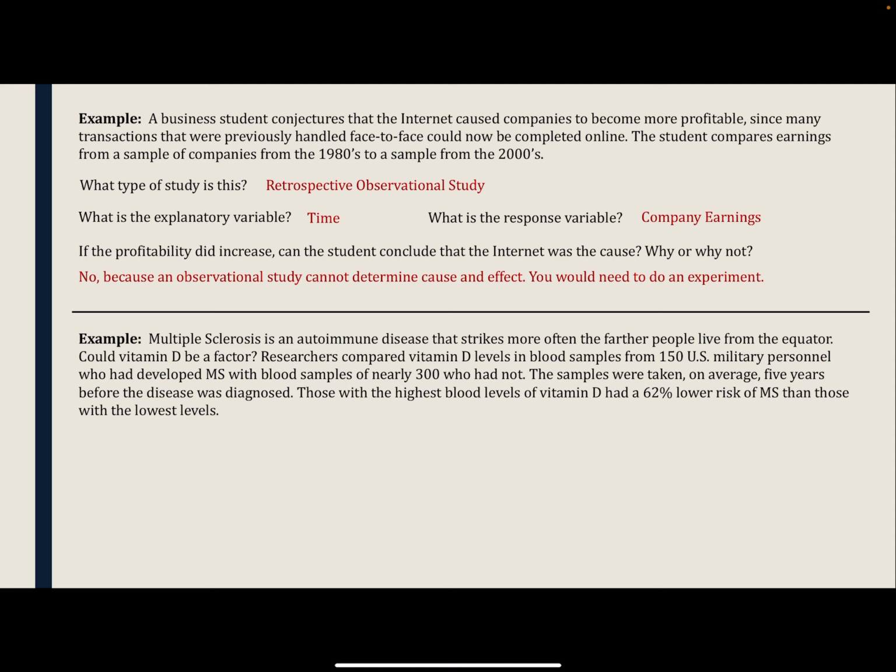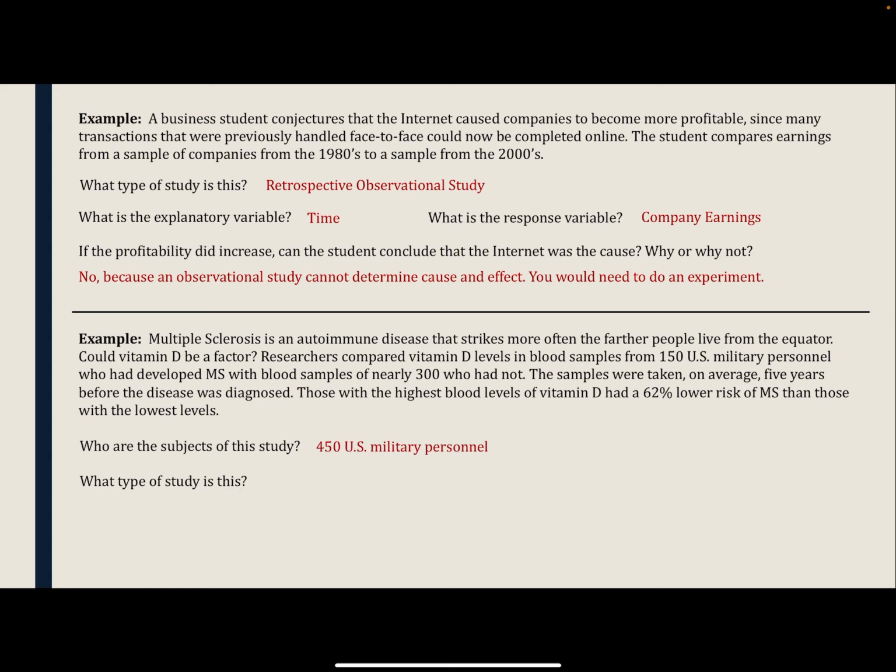So even though the wording of this problem is all in the past, that's because the study is complete. But when you look at how the study was performed, they collected the blood samples on average 5 years before the disease was diagnosed, which means that they collected the blood samples and then observed the subjects to see whether or not they got MS. So when it asks what are the subjects of the study, this would be the U.S. military personnel.